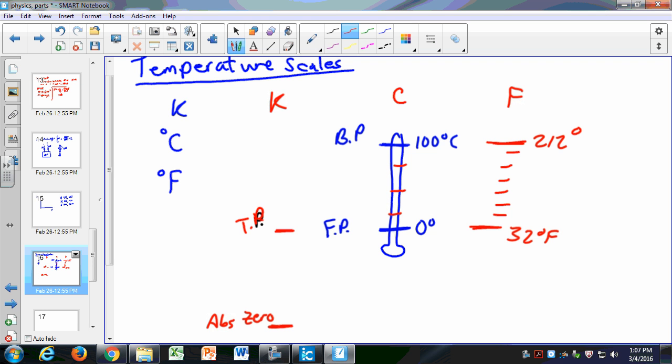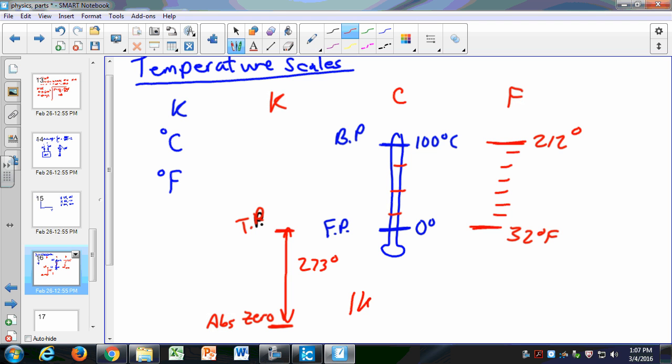The triple point of water is that temperature and pressure where you can have water in all three phases: solid, liquid, and vapor. So the triple point of water, which is at about 0.01 degrees Celsius, is your standard for Kelvin degrees. And this difference here is about 273 degrees.